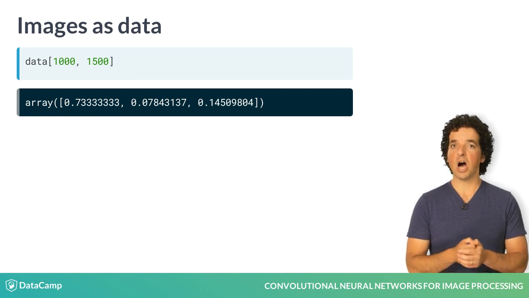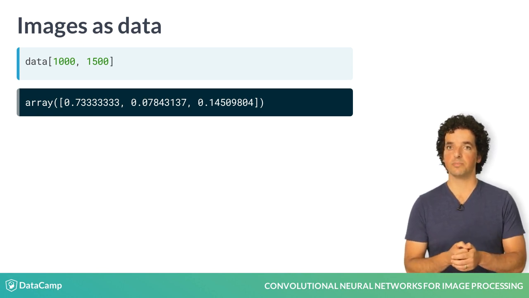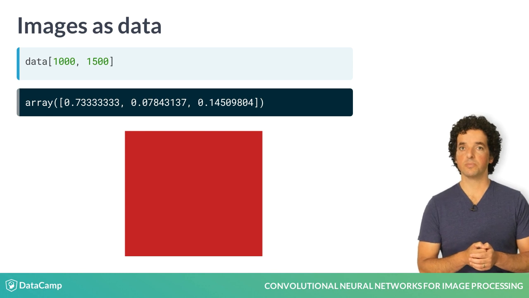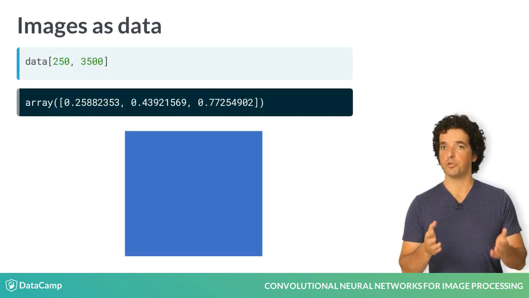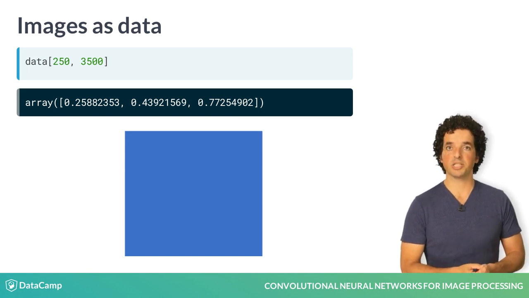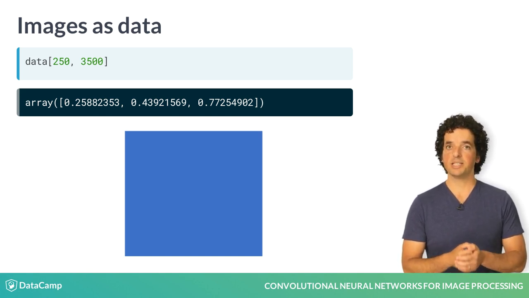This pixel has a high intensity in the red channel, so this is its color. On the other hand, the pixel with row index 250 and column index of 3500 is in the part of the image containing the sky and has a high intensity in the blue channel, so it has this color.